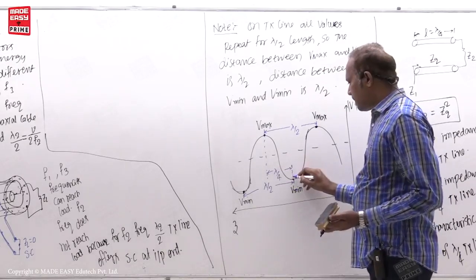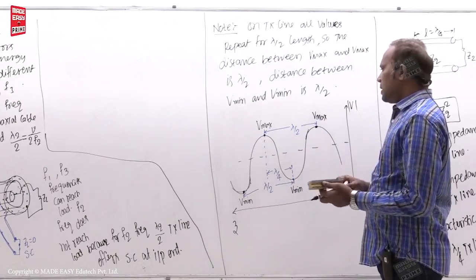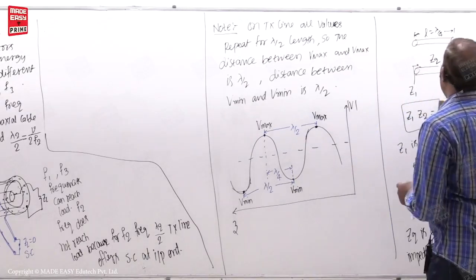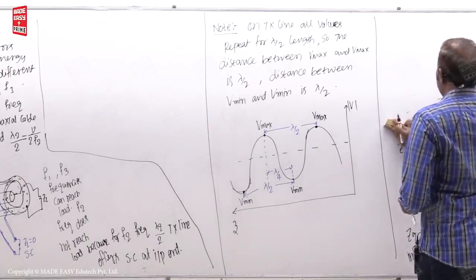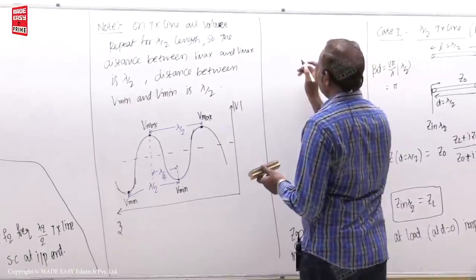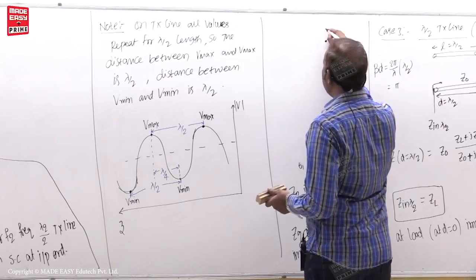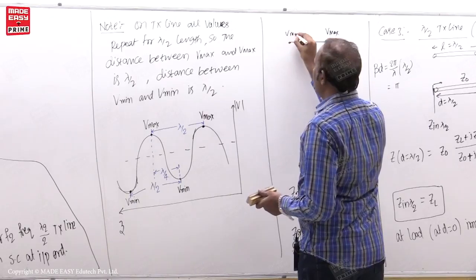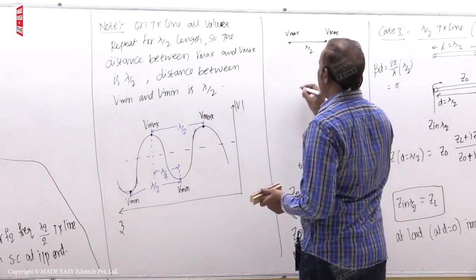So students, simply I am writing here, anywhere if you find V maximum, for example here, then again you will find V maximum after lambda by 2 distance.